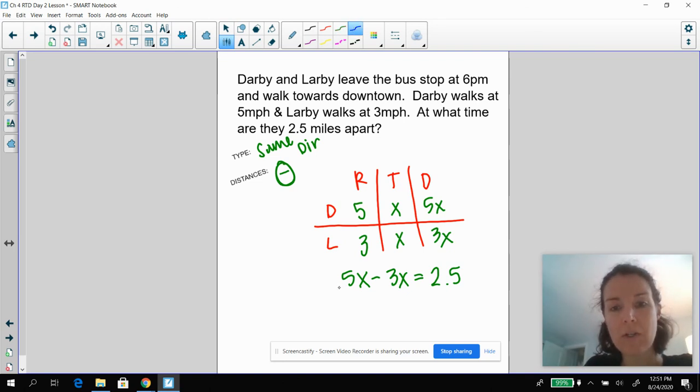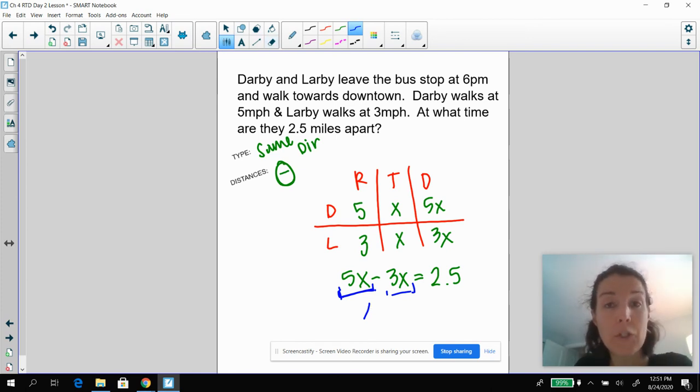So here's Darby's distance, and then you're going to subtract Larby's distance. So then I get 2x equals 2.5. Again, sorry for the delay in my pen. 2.5 divided by 2 to solve for x is going to be 1.25.